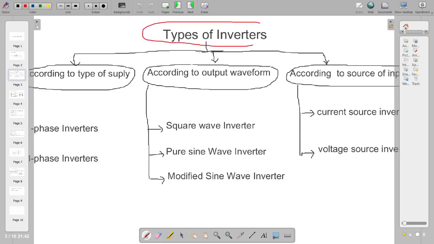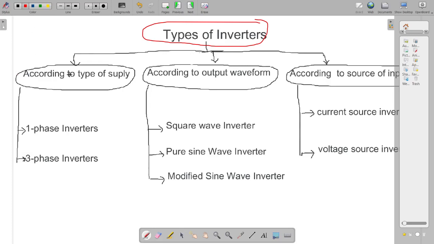Okay, so the types of inverters. The first classification is based on the type of supply. If we are using single phase, that's called a single phase inverter.